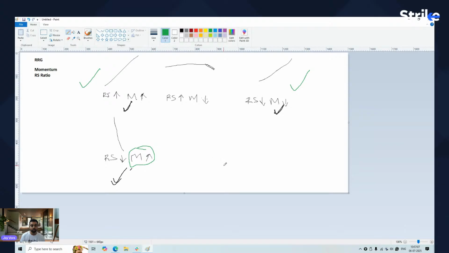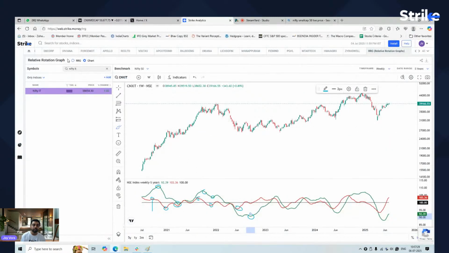So that is why I mentioned that focusing on momentum is also extremely important, right? Which is over here. If the momentum is rising, that is a good sign. If momentum is rising, that means the RS ratio should start rising sooner or later. But that doesn't mean that when the momentum is rising you start just blindly buying. It doesn't happen that way. RRG is a tool that will help you to scan the stocks very quickly.